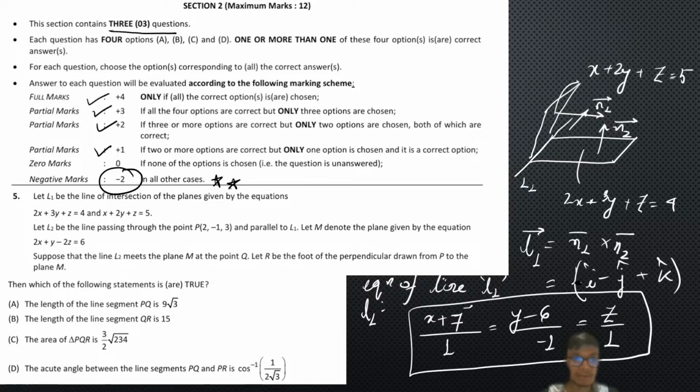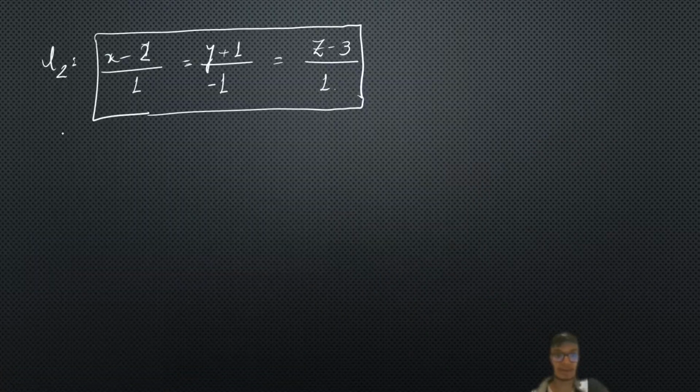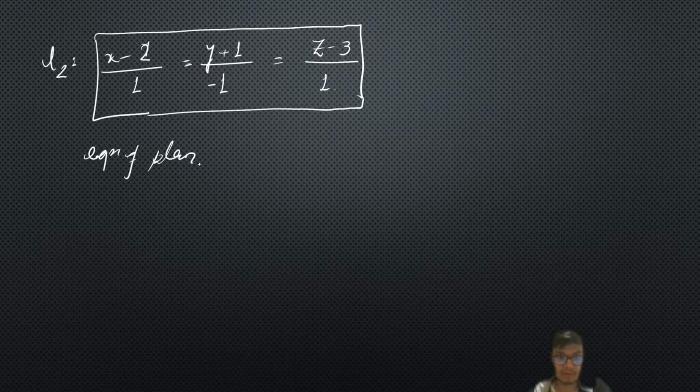The equation of plane M is given by 2x plus y minus 2z equals 6.